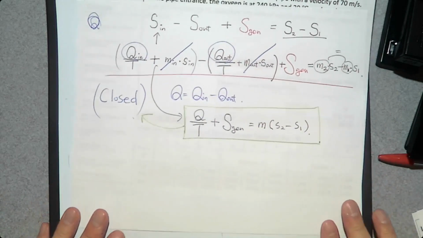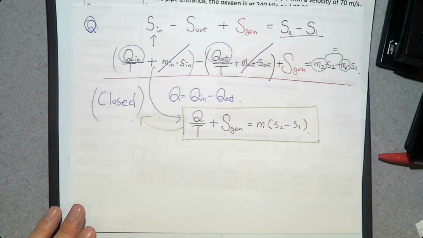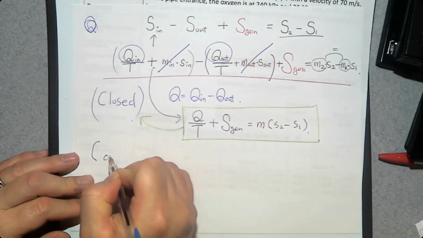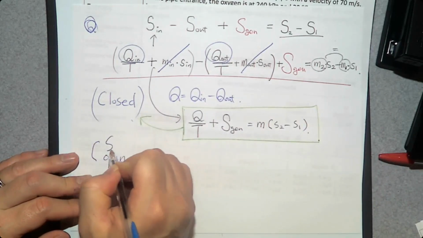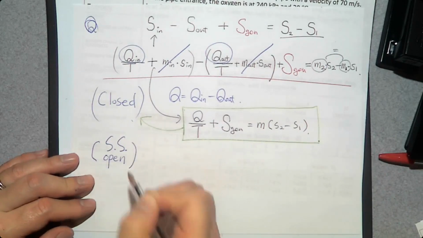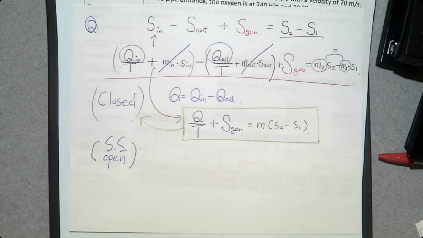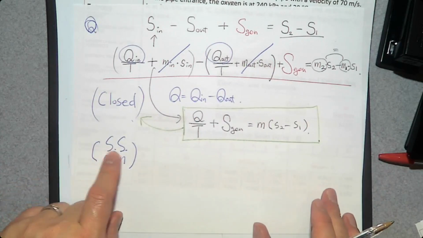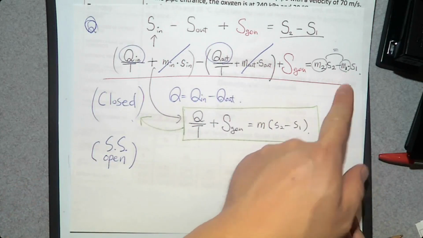What about if we have an open system? Too fast? No? Okay. What about if we have an open system? Most open systems are steady state. So let's focus on steady state open system. Since it is a steady state, there is no final mass or initial mass.